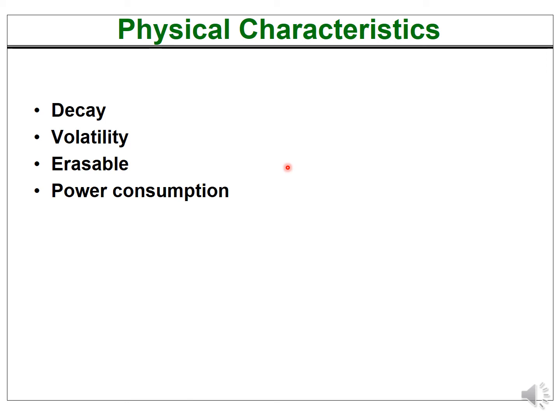Erasability. On the basis of erasability, we may have two types of memories. One is the read-only memories, in the sense that once data has been written onto them, it cannot be erased, it cannot be changed. And then we have the read-write memories, where we can read the data, we can erase the data from the memory, and we can put in fresh data.